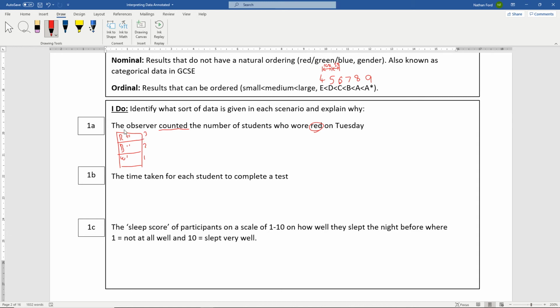Now, just because I'm getting numbers doesn't mean that it's quantitative. It's about what the survey is, and this survey is about colors. So our survey is taking qualitative data, and in this case, we're taking something that doesn't have an order, color. So it is going to be nominal data we are receiving.